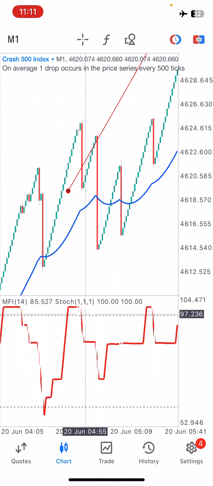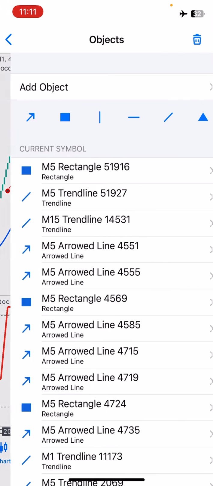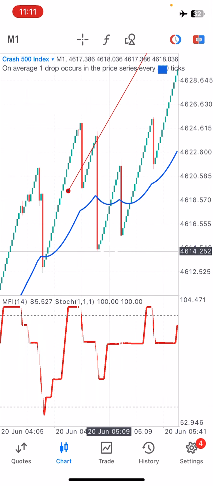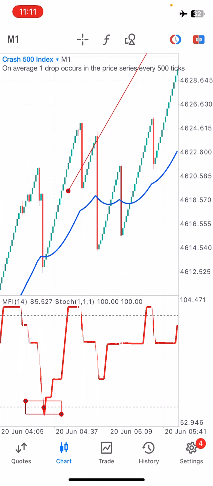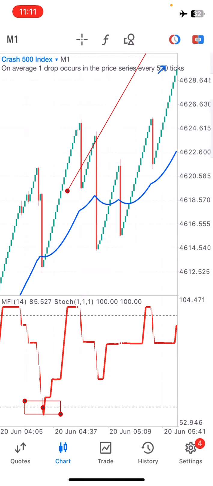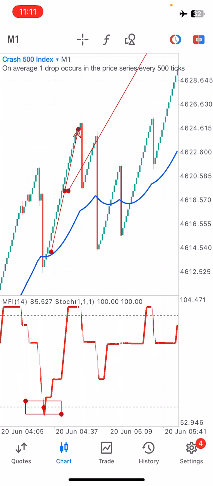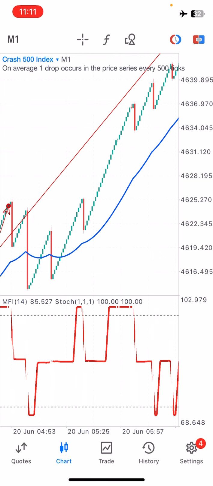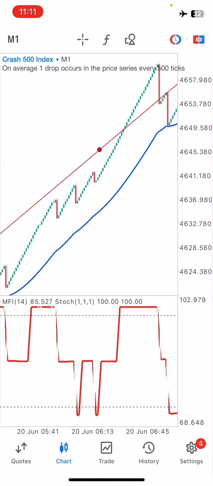Remember, we can't keep selling. So these dips are your buy trends, and as you can see, the market will go up each and every time you experience a dip.